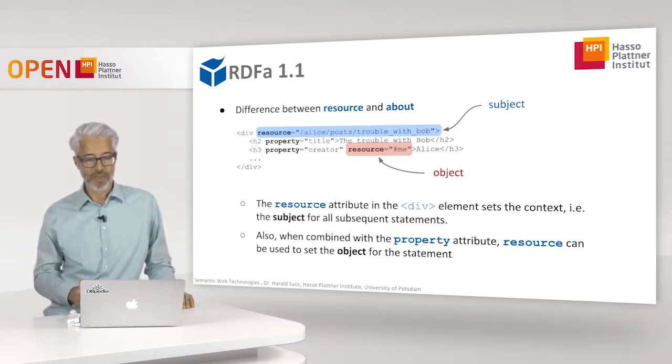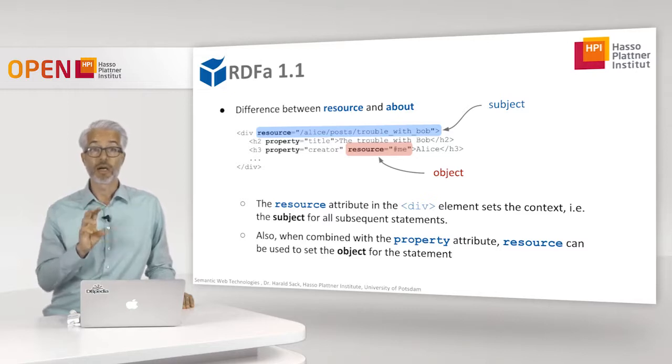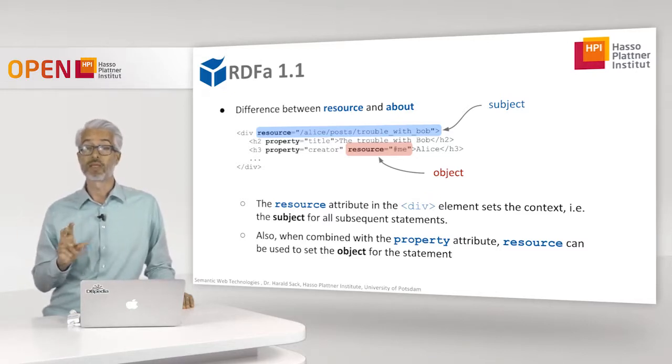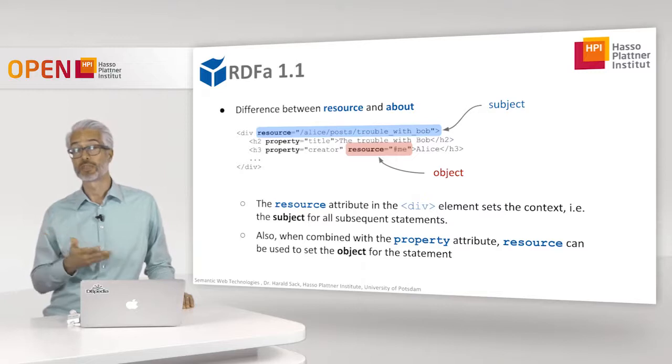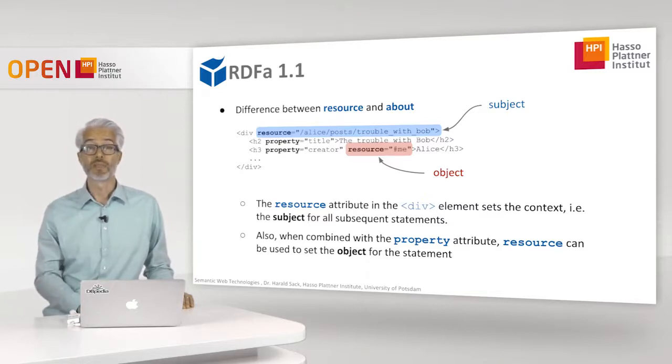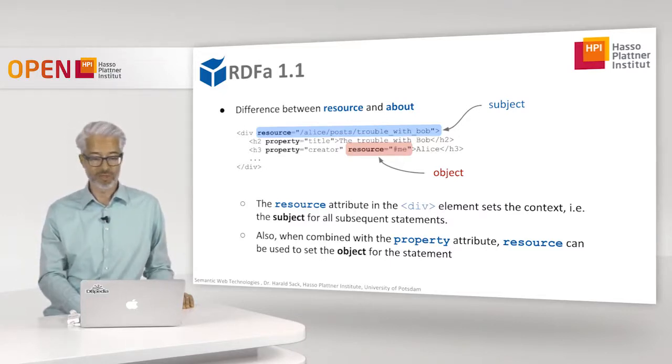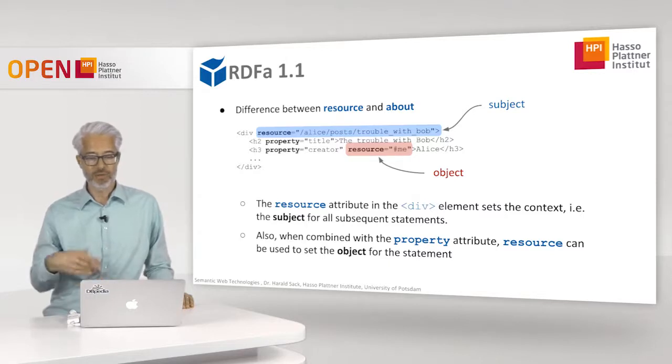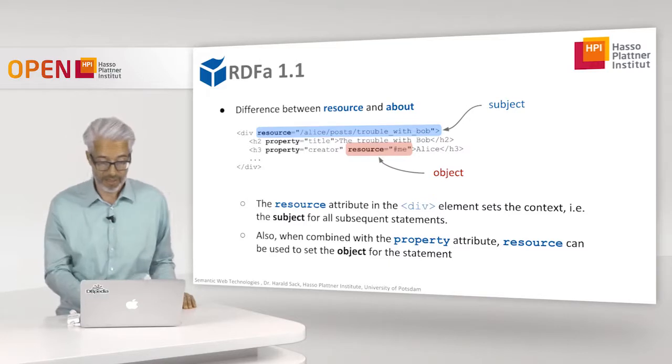So first of all, if I want to address a URI within an attribute, and if I want to talk about something which is expressed via URI, I use simply here the resource attribute. So in this div tag block that I see here, I'm talking about a resource which is called Alice posts trouble with Bob. So this obviously comes from a blog or something like that.